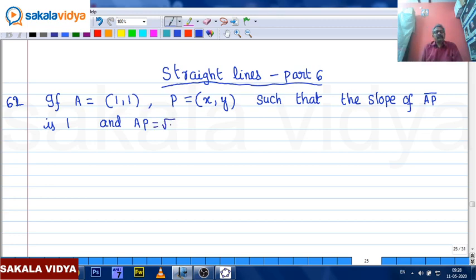Then x comma y, that means the coordinates of P, we need to find out.